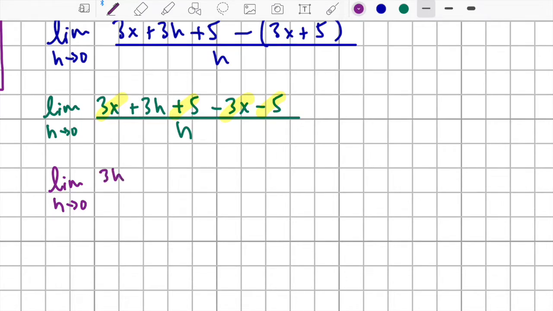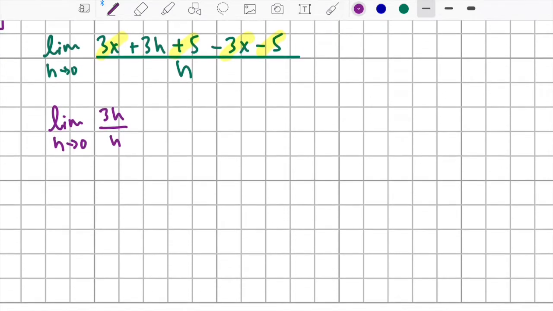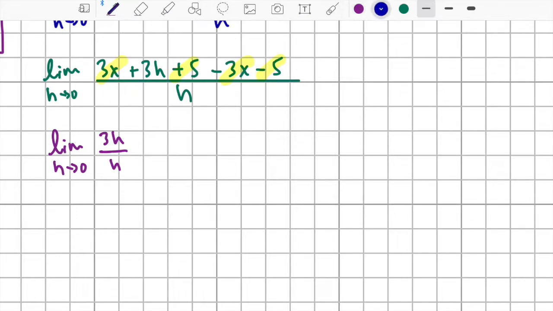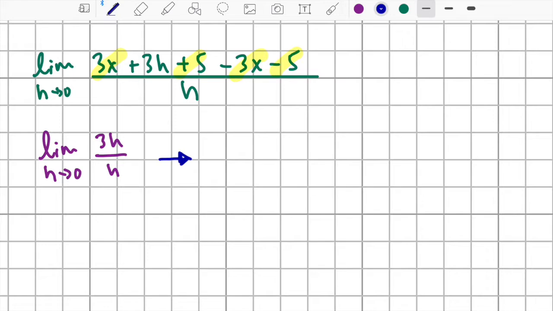So I'm left with 3h divided by h. And before we actually evaluate the limit, I can simplify it even more. We can cancel the h's. So we're left with limit as h approaches 0 of 3.